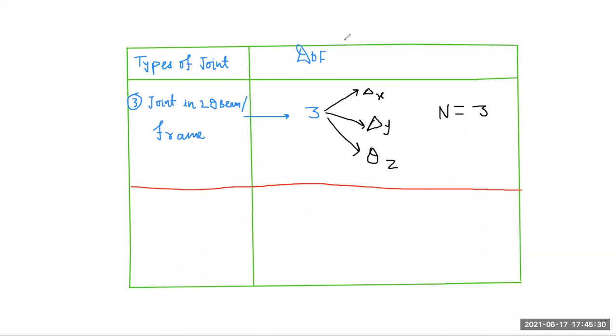Next one is your fourth number. Fourth is joints in 3D beams or frame.